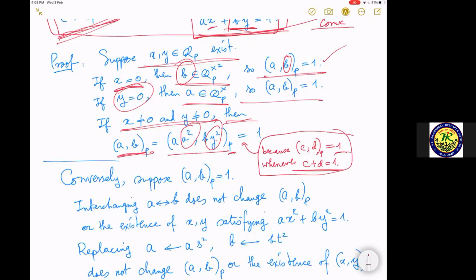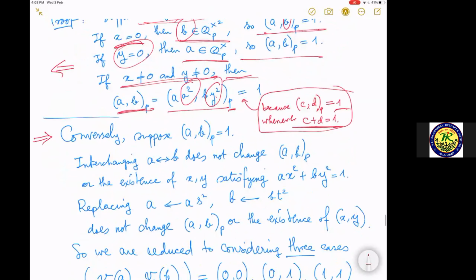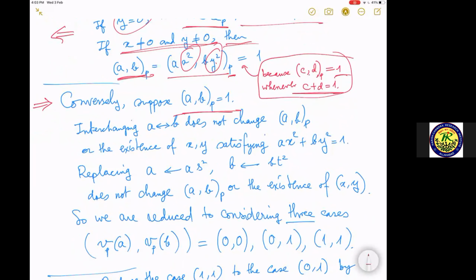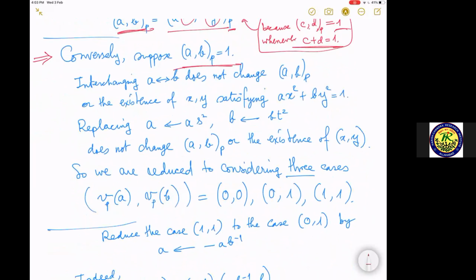Okay. So this implication, I think it was in this direction, that if there is a solution, then the Hilbert symbol is trivial. So now we are proving it in the other direction, which is to say that we are assuming that the Hilbert symbol is equal to 1, and we want to find a solution x, y to this equation.